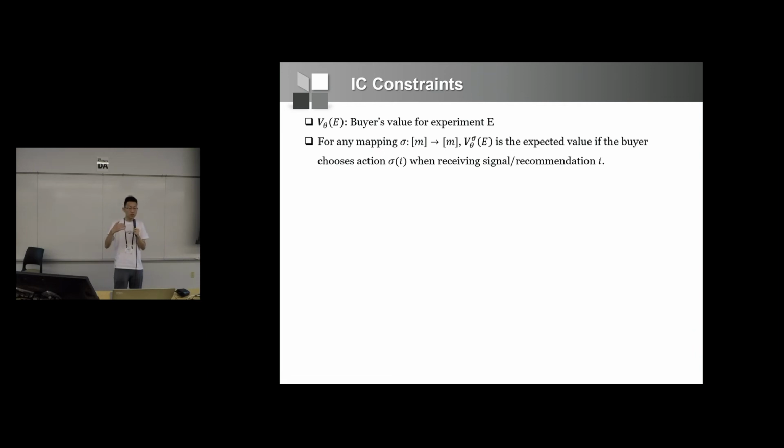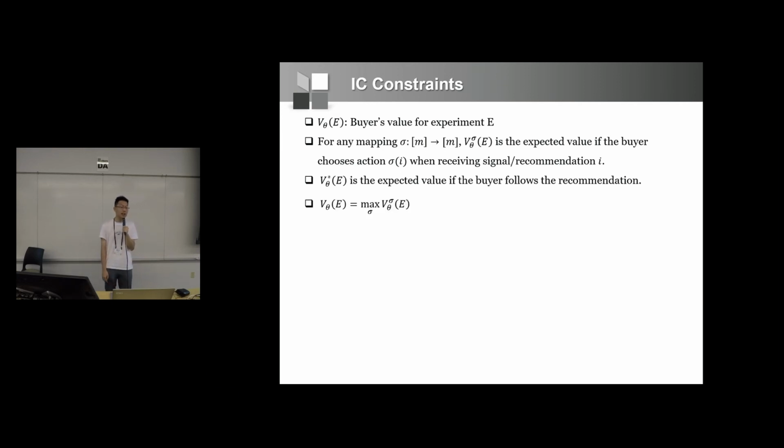The important thing to notice is that the buyer will make the same decision when receiving a signal regardless of his type, so it's different from what we chose in the definition of the V function. And this V star function is the case where sigma is an identity mapping. It's not hard to see that this V function is just the maximum over all V sigma functions.